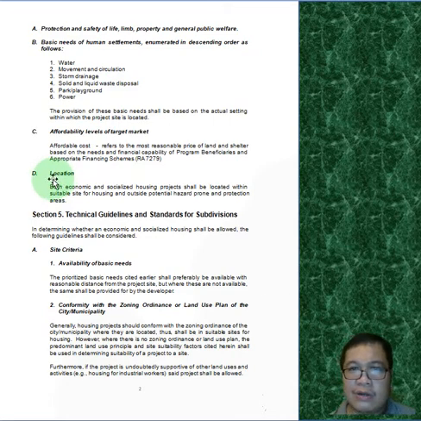So of course, when you design socialized housing, it should be affordable. You don't want to design something too extravagant for its users, already outside their financial capacity. Then it should be located in a safe area. Then it should contain these basic needs.